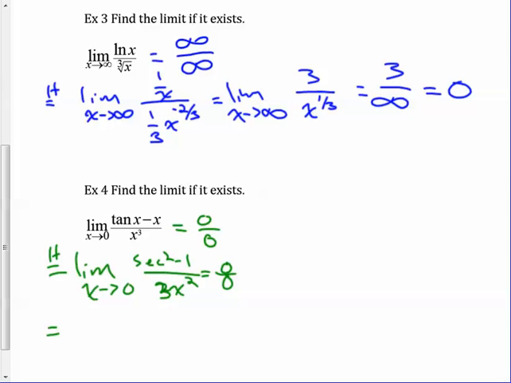So we're going to use L'Hopital again. Before I do that, I'm going to rewrite: secant squared x minus 1 is tan squared x.